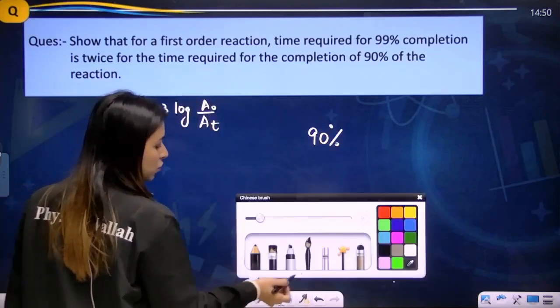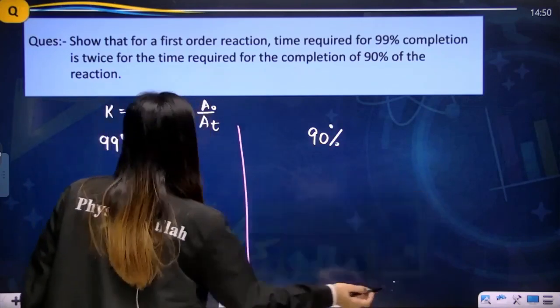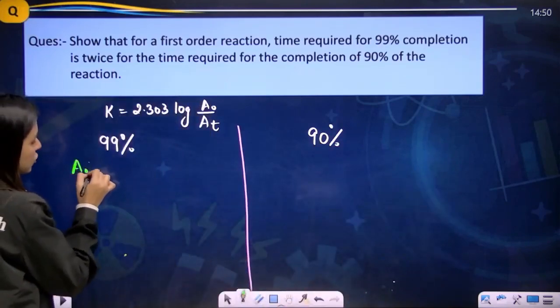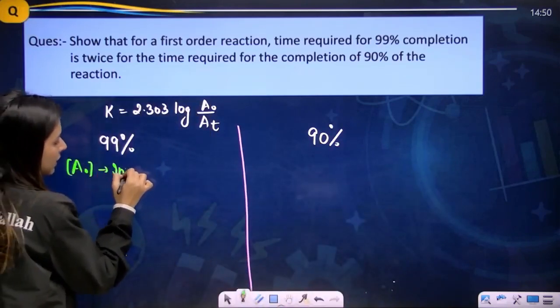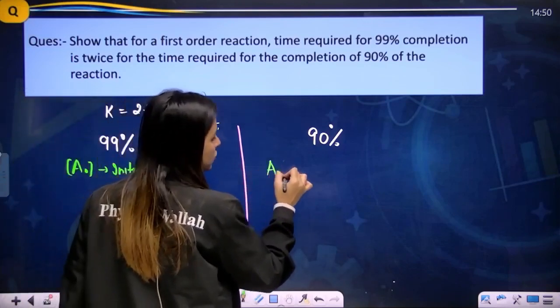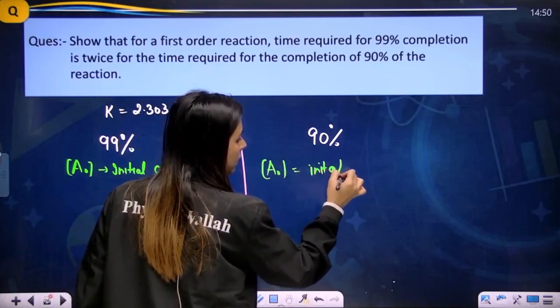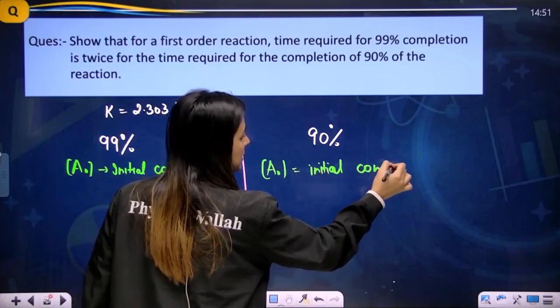So I'll just differentiate the two. Now see, my dear students, if A naught is the initial concentration, obviously A naught will be the initial concentration here as well, right? Yes, perfect.